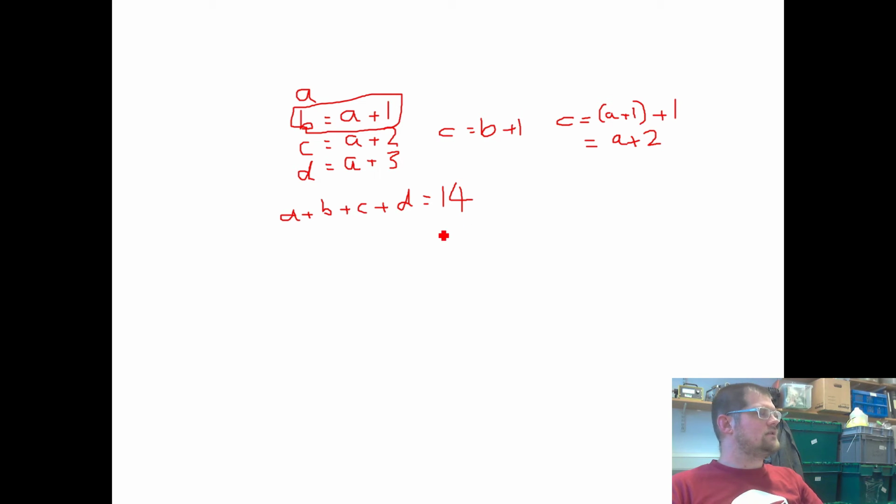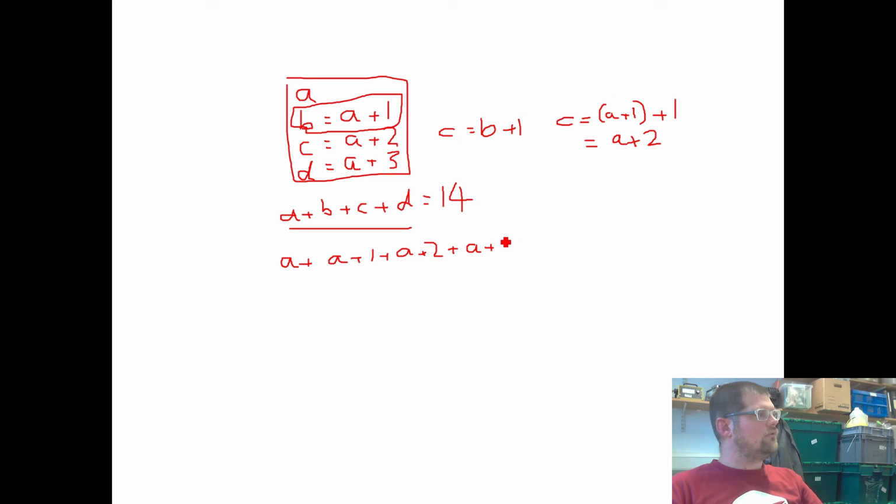Okay, so in this case we could then plug all of these equations into this equation here and get A plus A plus 1 plus A plus 2 plus A plus 3 equals 14. Okay, so we simplify that.